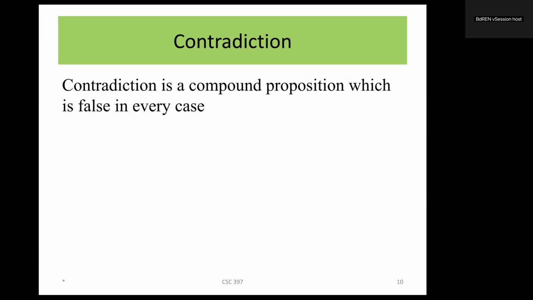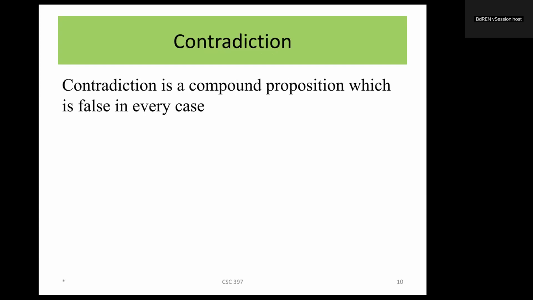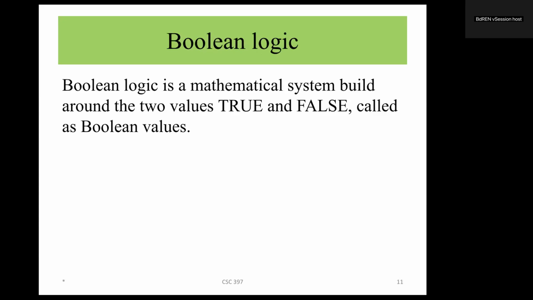And if we talk about the contradiction, a contradiction is a compound proposition which is false in every case. So tautology is true in every case, contradiction is false in every case. You will see the applications later. But let's come to a point called Boolean logic.